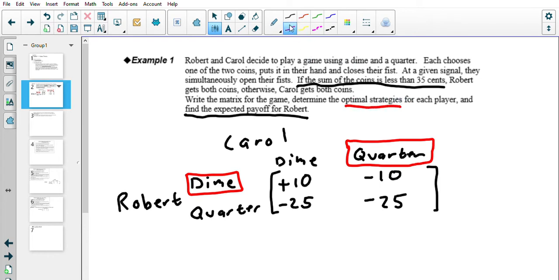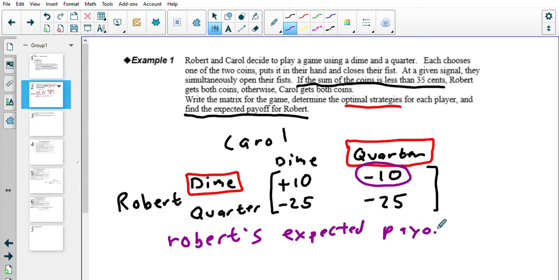And then the expected payoff for Robert, right? If both players play their optimal strategy, Robert's expected payoff is to lose a dime.